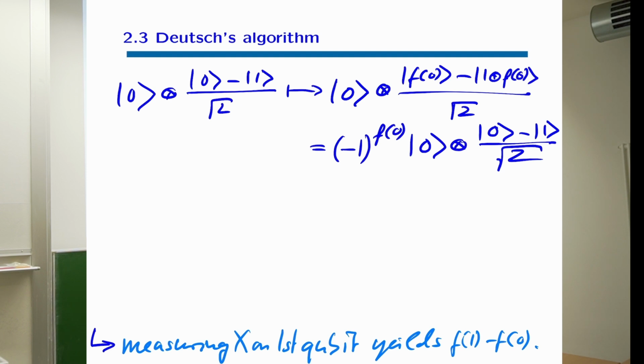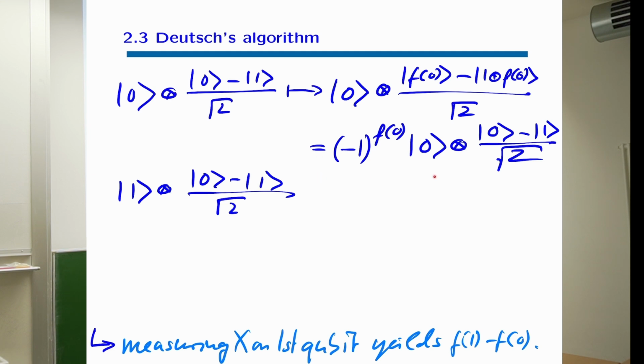I give you a moment. Is that fine? Yeah, that's fine. So then let's do it for the other case, and it's completely the same. This is our starting state. Everything is the same, except we now have a different state in the first register, and so what's being put up here is not f of 0 but f of 1.